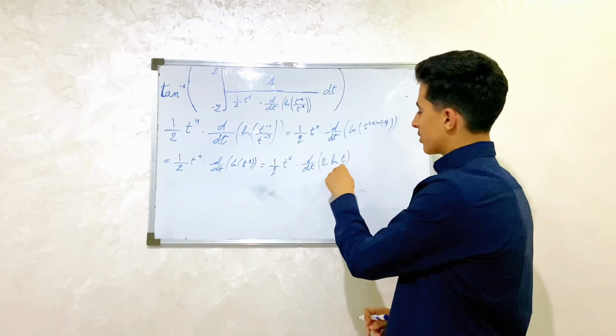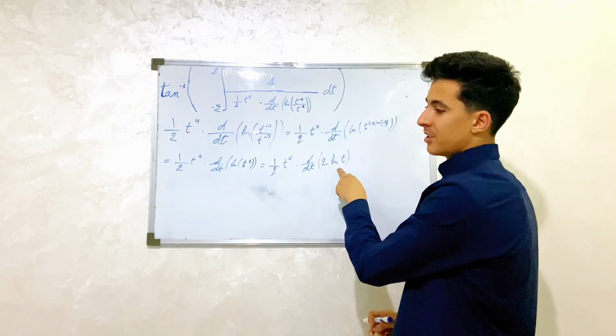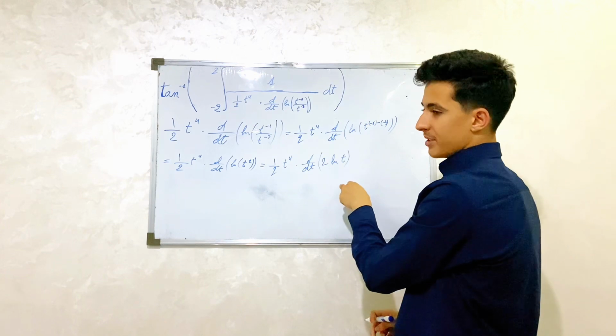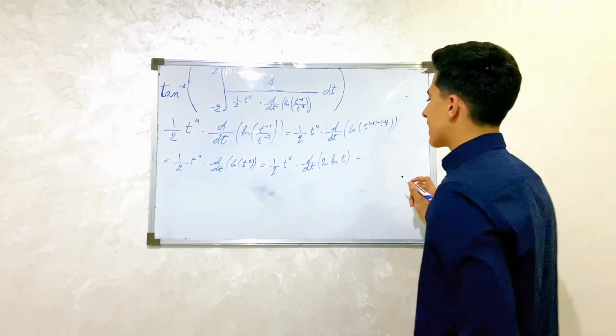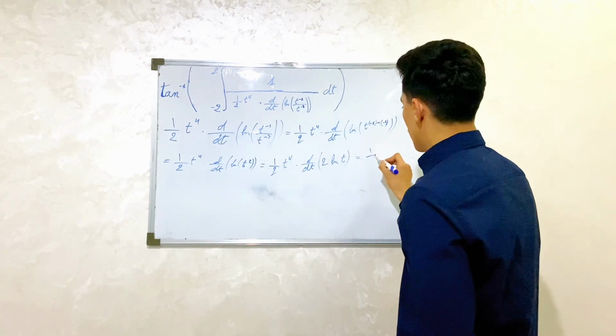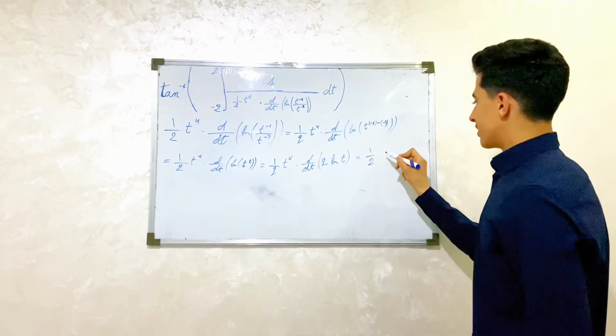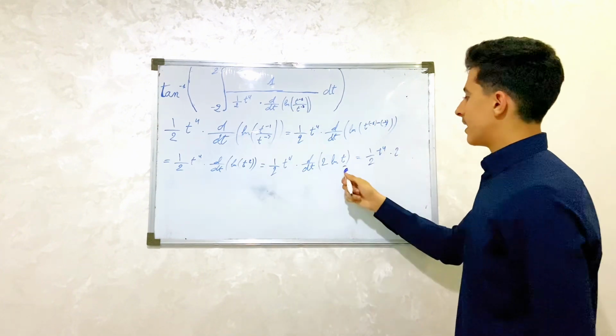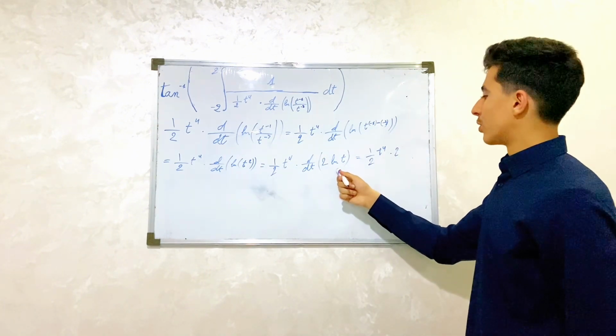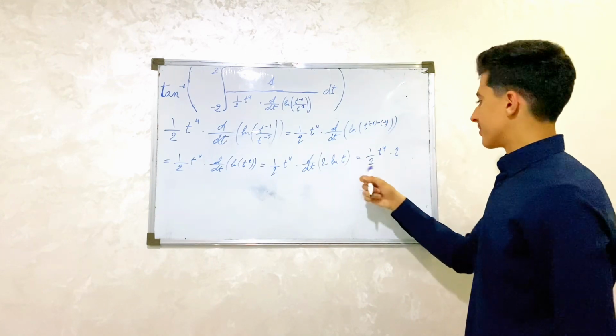So the derivative of 2 natural log of t is 2 over t, or 2 times 1 over t. So let's rewrite it as 1 over 2 times t to the 4th power times 2 times 1 over t.